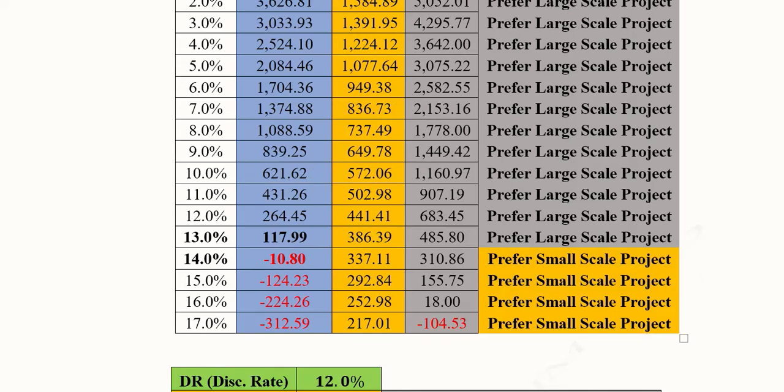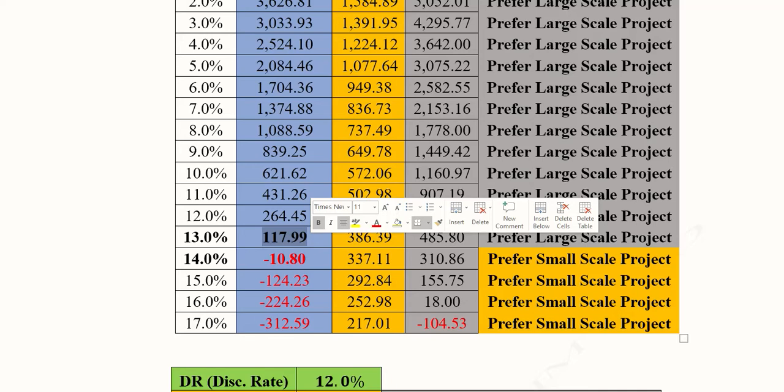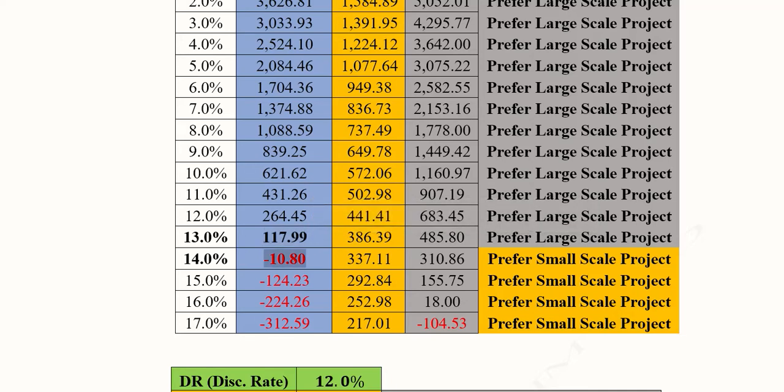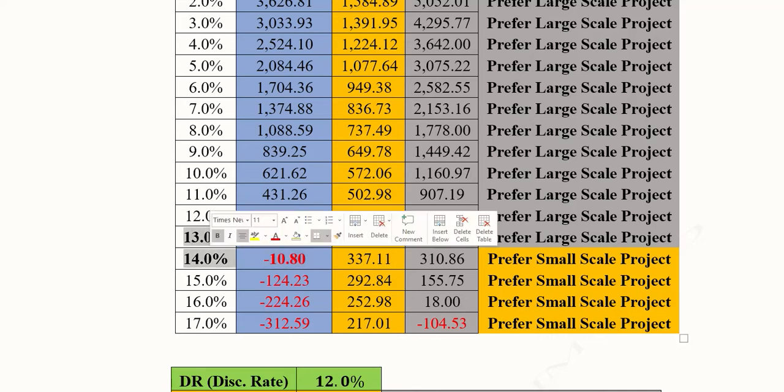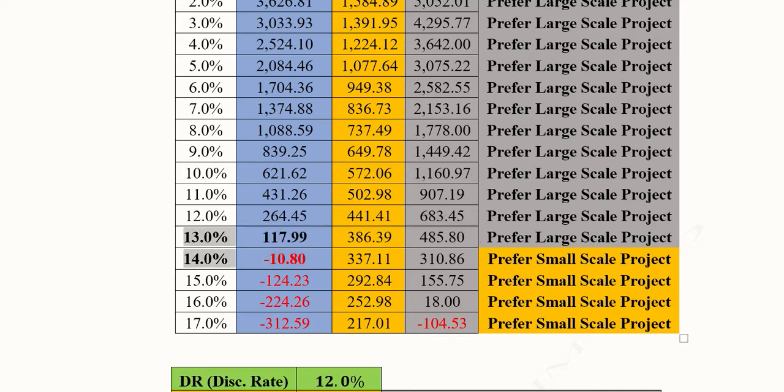And then we have the point where the final positive NPV of the difference of the two appears, and this is the first negative value of the NPV of the difference of the two scales of the project. So we can understand that the crossover discount rate would exist between 13 and 14%, at which the NPVs turn their values in terms of their signs.